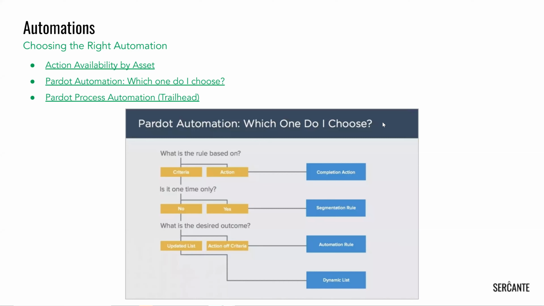Once you start getting into examples, I would highly recommend printing out this flow chart and thinking about it, because it usually gets you to the right action. And some of the links in this deck that I'll be sharing also have lots of other examples and scenarios that can help you dig a little deeper on this topic.